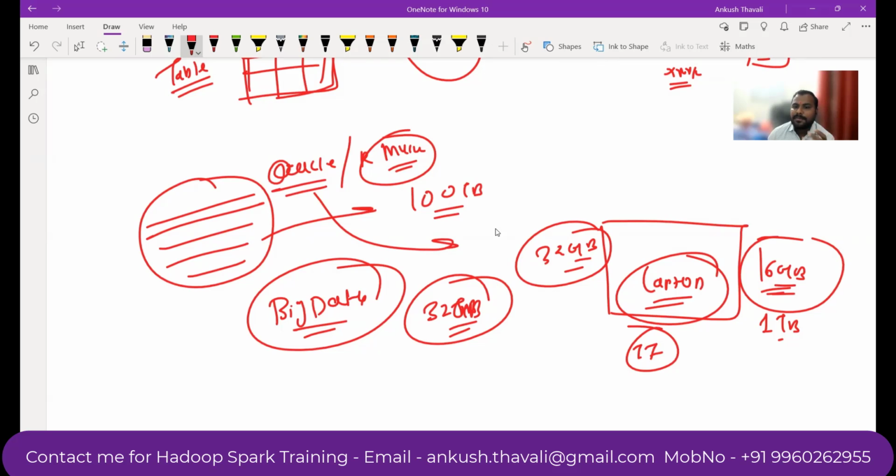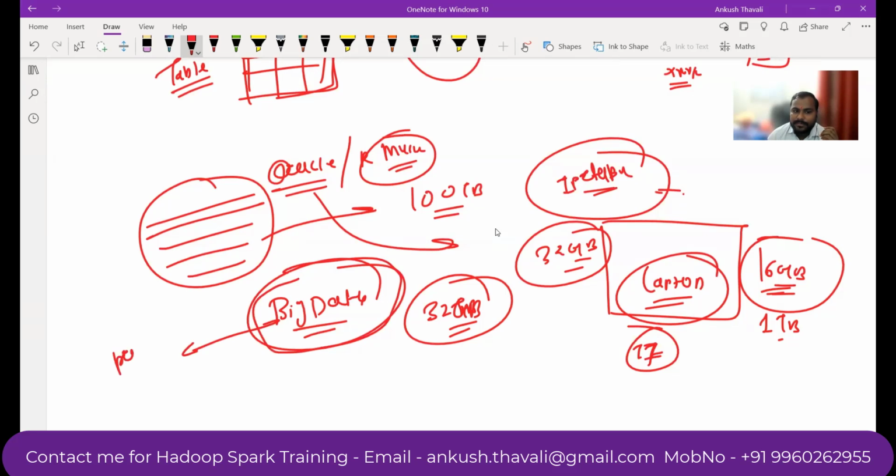Any data which cannot be processed by my i7 processor is big data. If you give me a huge amount of data, let's say 1 petabyte, it's not possible for me to process it with my laptop. My system will hang. It's not possible. So that is called big data. Big data is a problem.